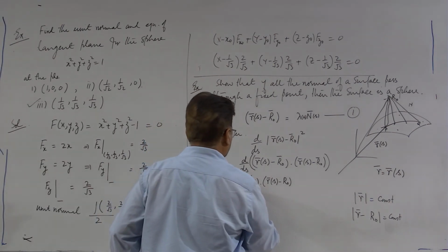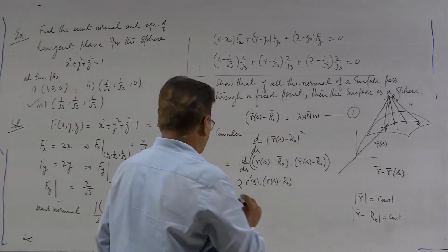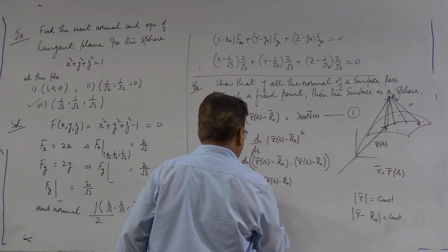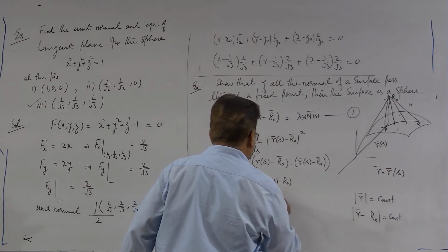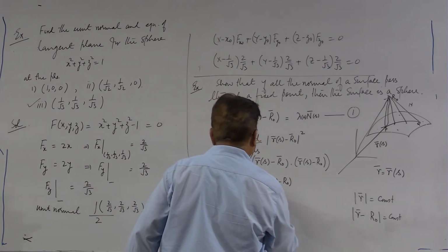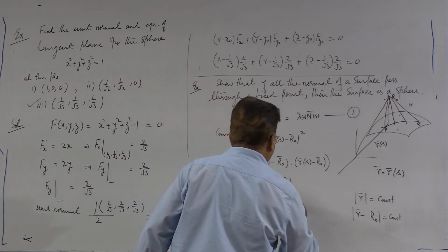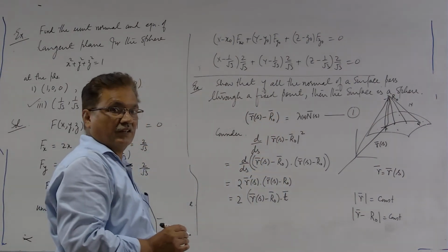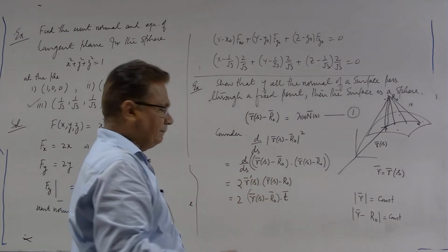So this is 2 times Rs minus R0 dot the tangent of the curve, the tangent of the curve over which you are travelling.